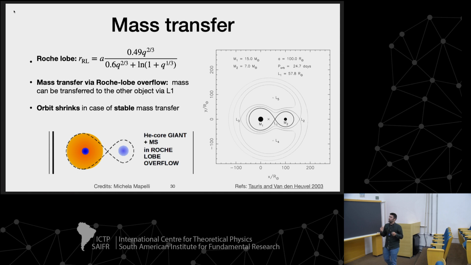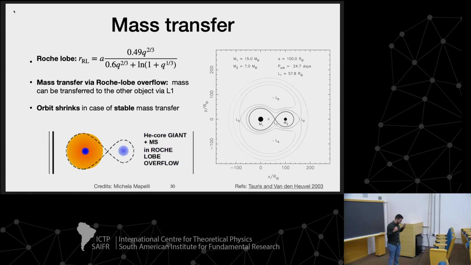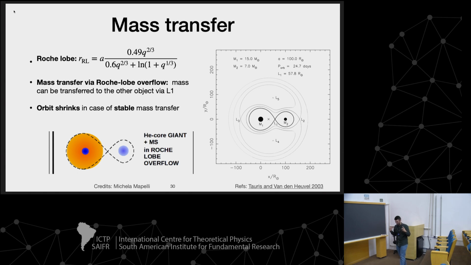So what happens is that one star gets bigger because of single stellar evolution. This is what you saw yesterday, the star going to the red giant branch, supergiant branch, and so on. So it gets bigger, and it can fill its Roche-Lobe.